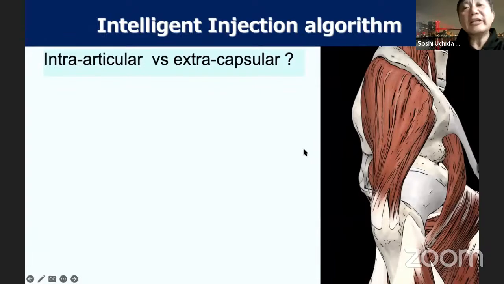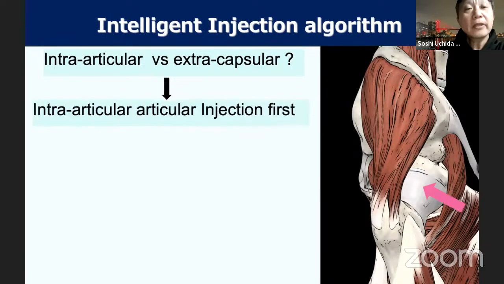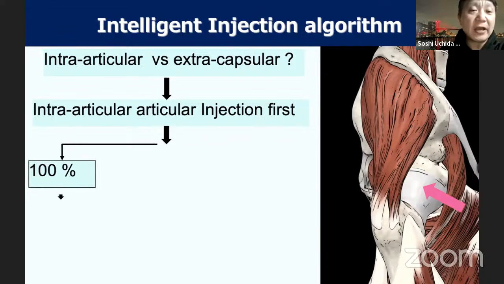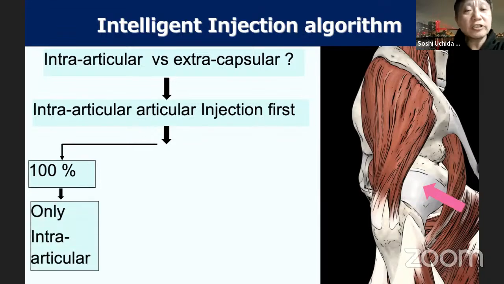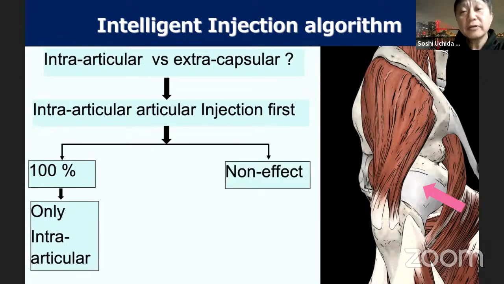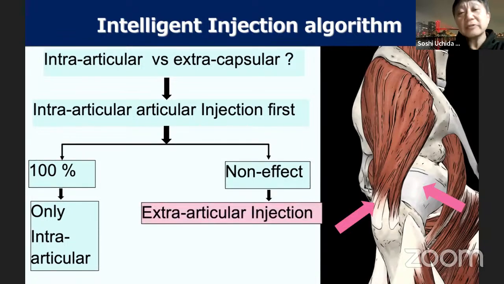The injection algorithm is for intra-articular pathology versus extra-articular pathology. Intra-articular injection first, and if 100% effective, we consider only intra-articular pathology. However, if it is not effective, sometimes extra-articular injection is needed.